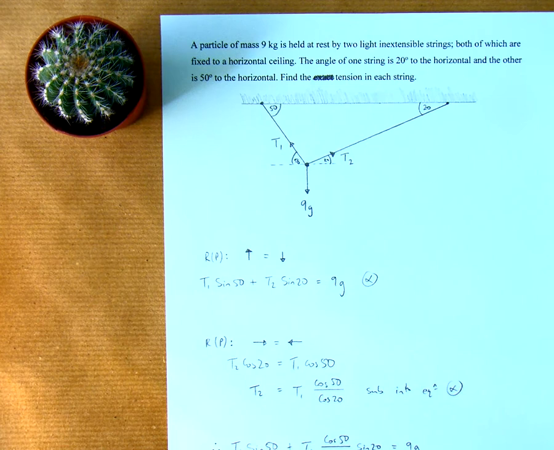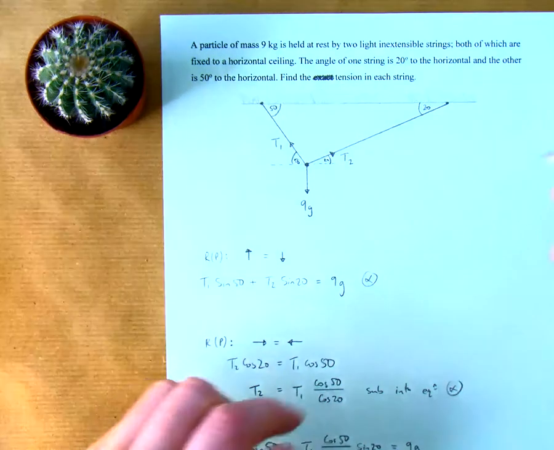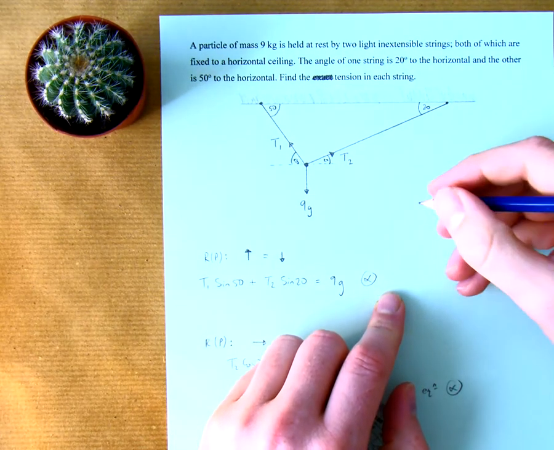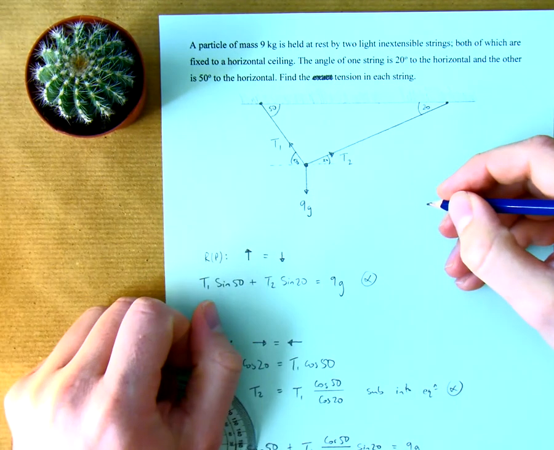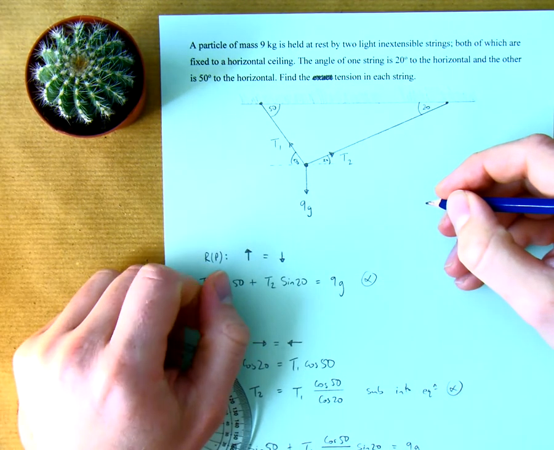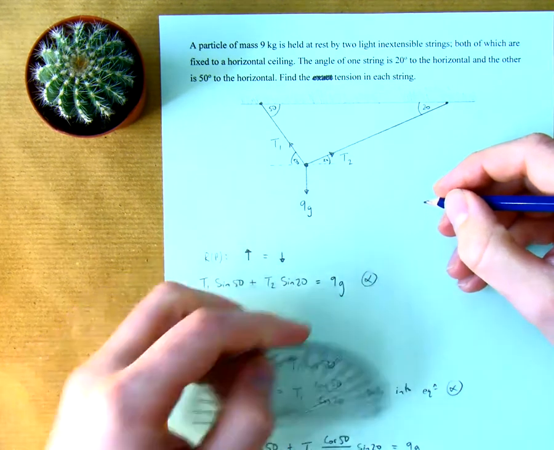So let's take our three vectors and put them tip to tail, and because the particle is in equilibrium, they must form a closed loop.